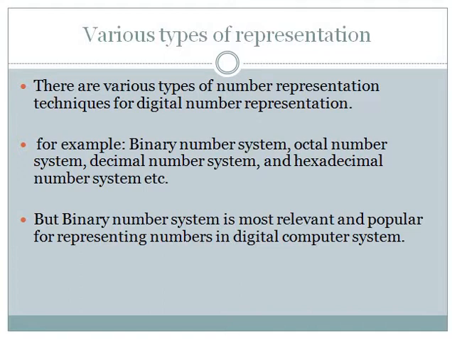There are various types of number representation techniques for digital number systems, for example binary number system, octal number system, decimal number system, and hexadecimal number system, etc. These we have already seen in the earlier presentation. But the binary number system is the most relevant and popular for representing numbers in the digital computer system, because the computer understands only zeros and ones.